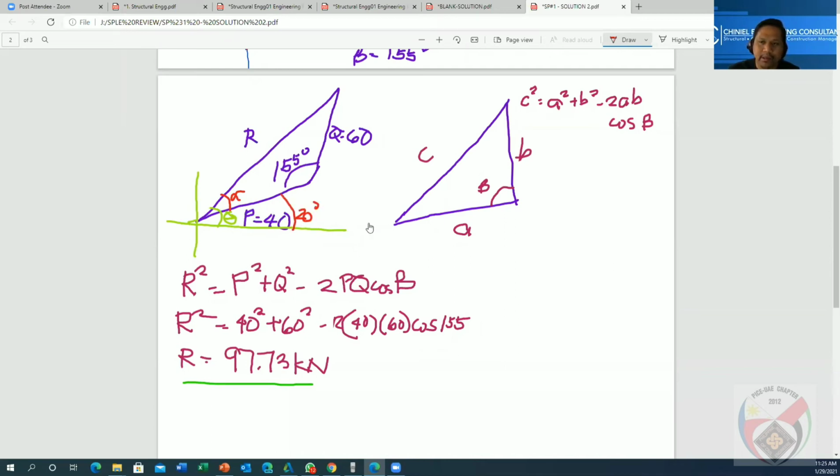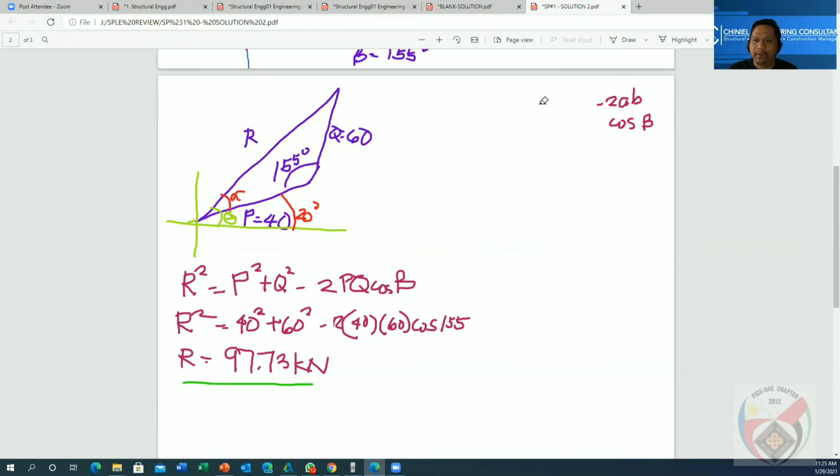So from the diagram, ang theta, which we are going to solve, is 20 degrees plus alpha.